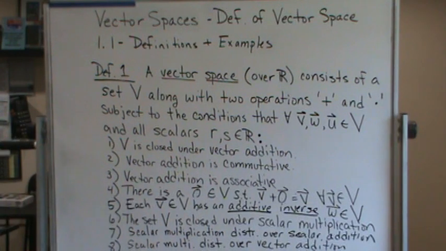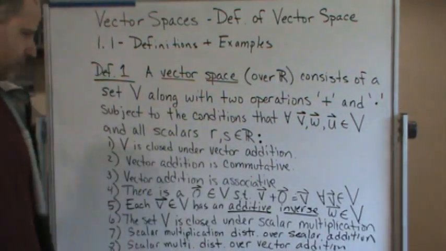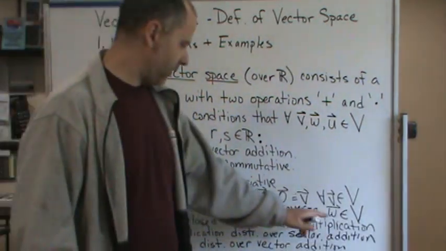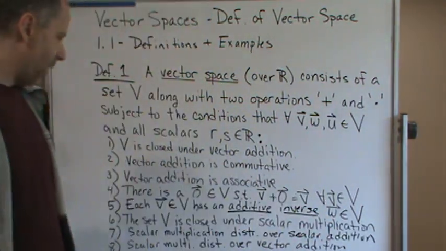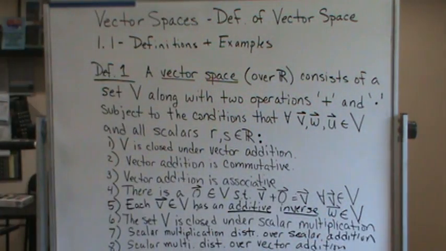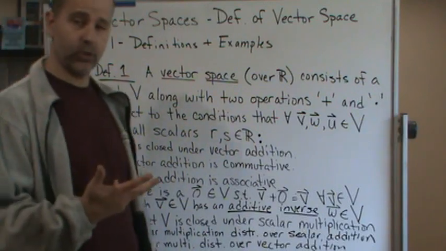And then 5, each vector in V has an additive inverse, which means, let's say, a vector W, such that when you add those two vectors, you get the 0 vector. So that's what we mean by an additive inverse, like in adding regular real numbers.